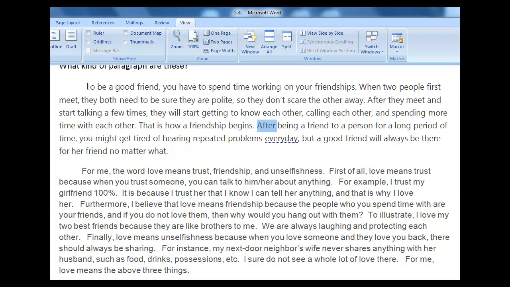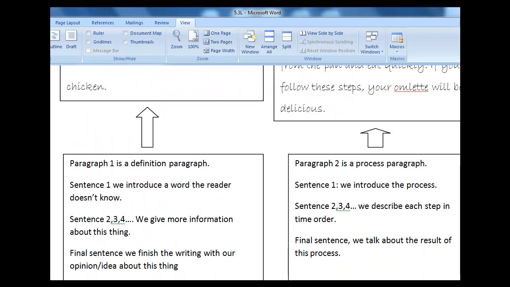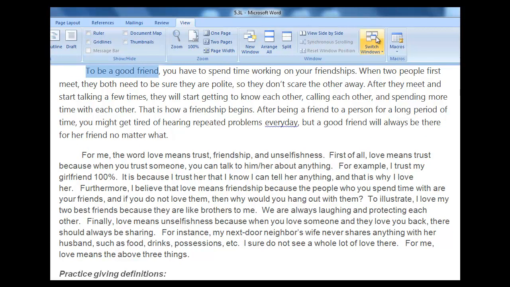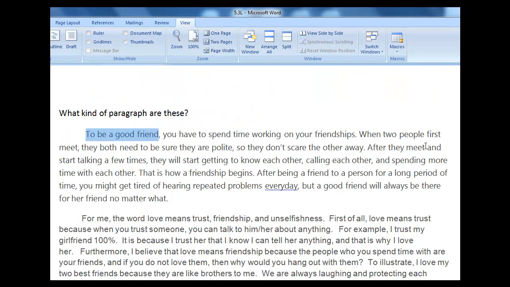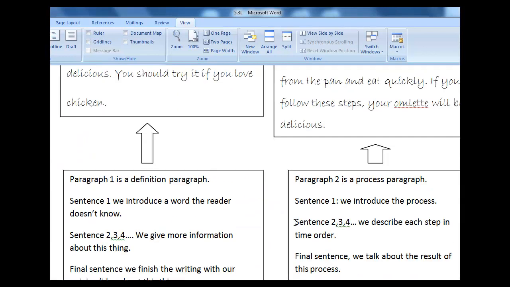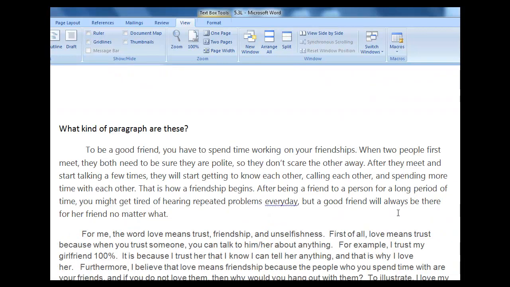So we have how to be a good friend, and how to make an omelette. First, after. We're talking about our steps. And then a good friend will always be there.